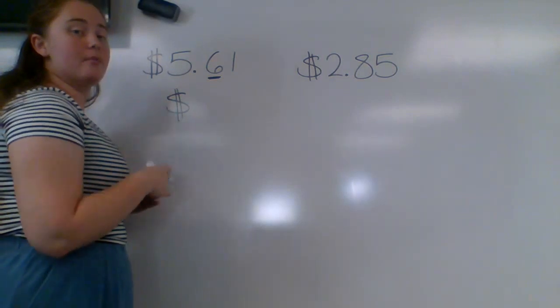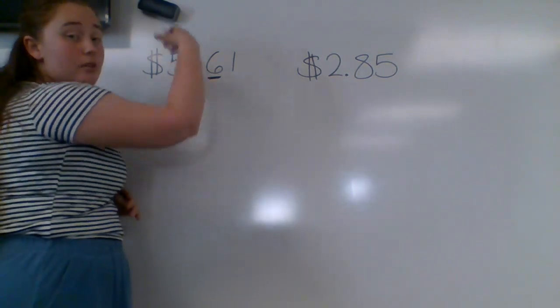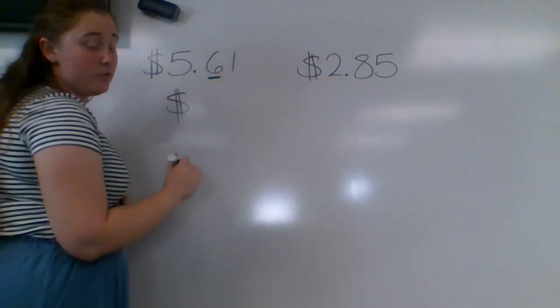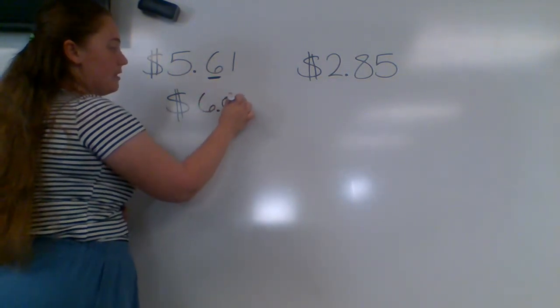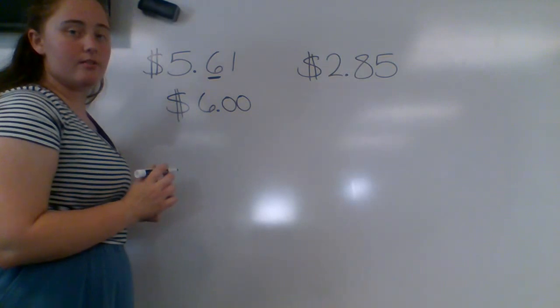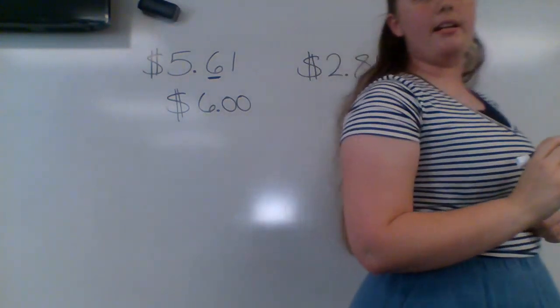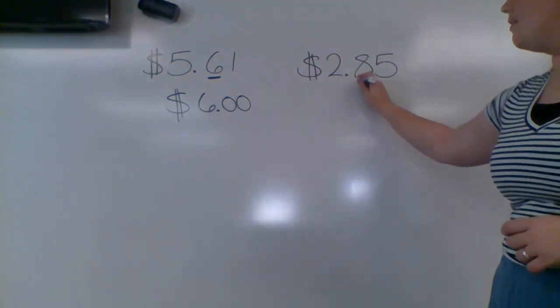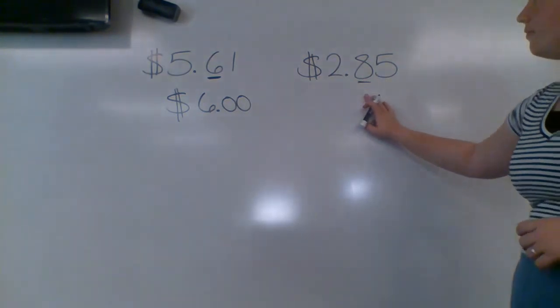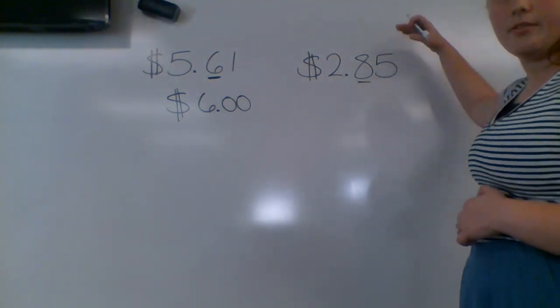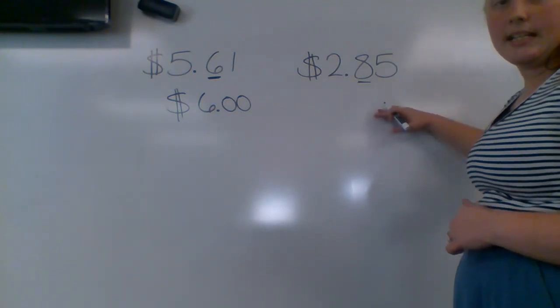We get rounded up to $6 because 6 is closer to 10 than it is to 0. So we'll do $6. And we have $2.85 right here. Again, we're going to look at this tens place right here. Are we going to get rounded up to $3, or are we going to stay down at $2?